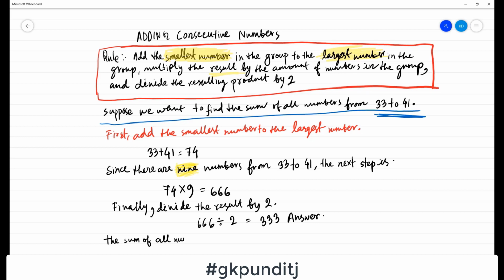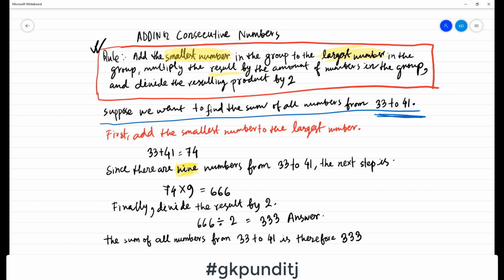The sum of all numbers from 33 to 41 is therefore 333, triple three.